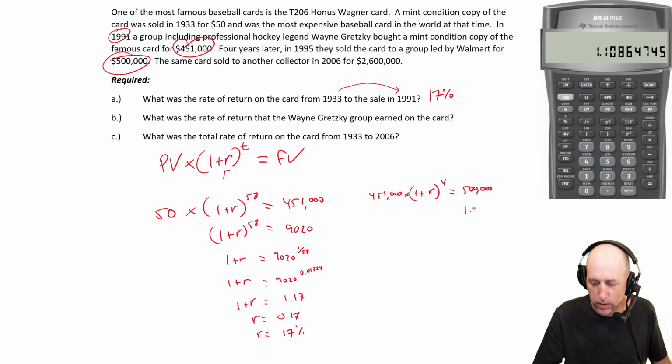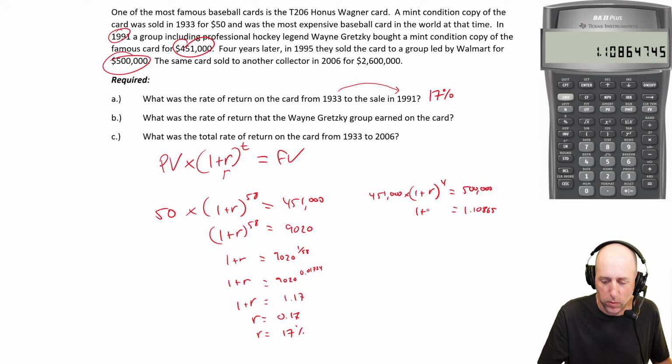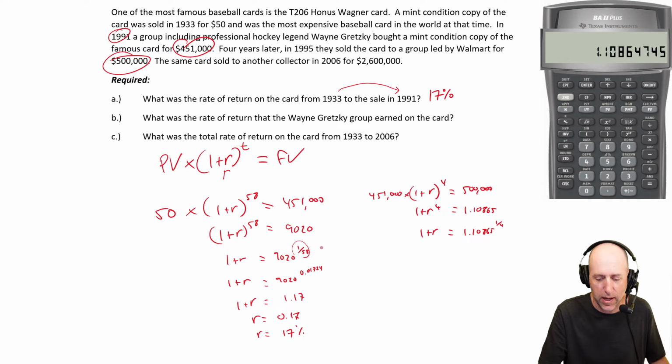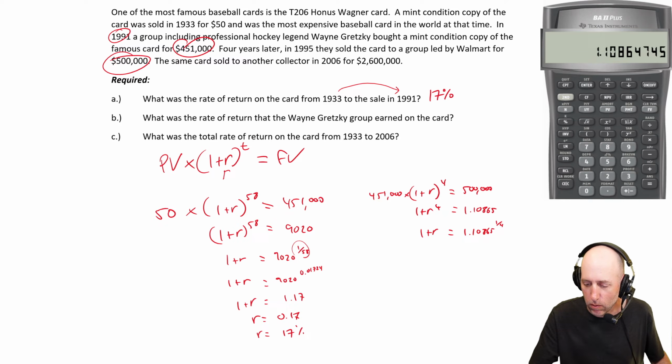1.10865. So 1 plus R to the power of 4 equals 1.10865. 1 plus R equals 1.10865 to the power of 1/4. Sort of same thing we did here doing 1/58. Here we do 1/4. So 1.10865 to the power of 0.25, right? 1/4 is 0.25.